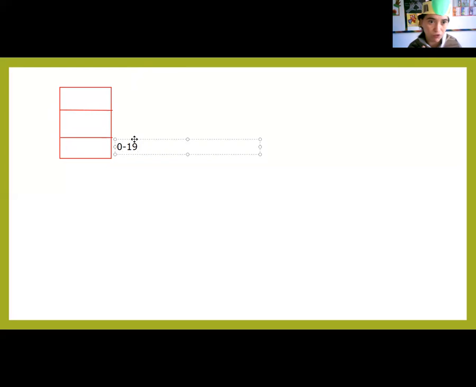Remember, in the first level they're going to have 0 to 19. In the second level, they're going to count 20. Each dot is going to be 20. And then they have the third level, 20 to the power of 2.